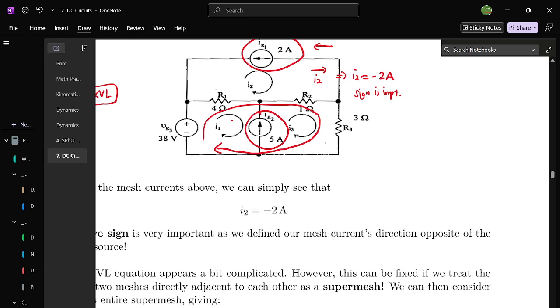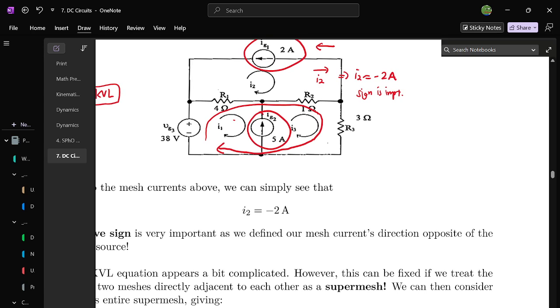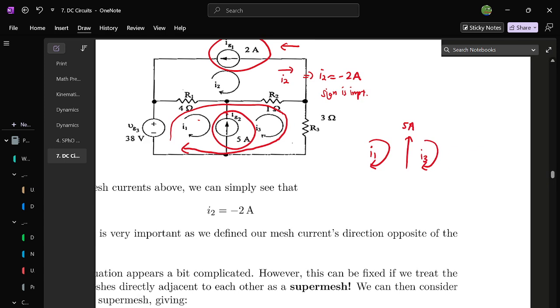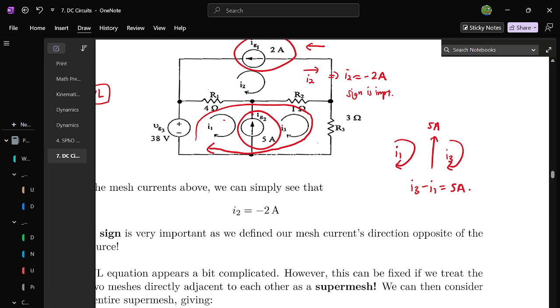To work around this 5 amperes, your I1 is going this way, your I3 is going this way, and your 5 amperes is going this way. Taking into account direction, I3 minus I1 equals 5 amperes. So this relates your I3 and I1.